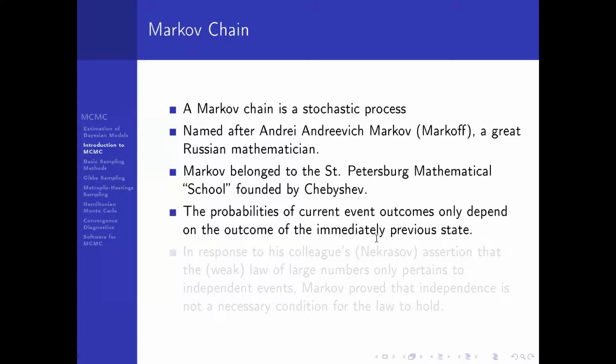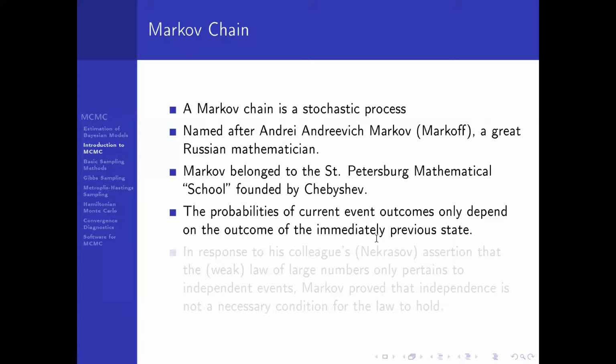And basically, the idea of Markov chain states that the probabilities of current event outcomes only depend on the outcome of the immediately previous state. So there could be a long chain of events, one after another.